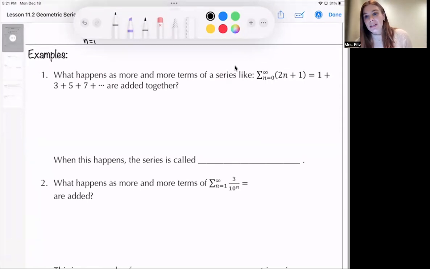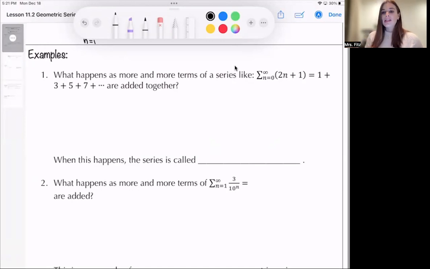We add it to the next term, which would be 2 times 1 plus 1, which is 3. So actually what's happening is we're adding up all of the odd numbers: 1 plus 3 plus 5 plus 7 plus 9, right? We're going to keep going in that same pattern.